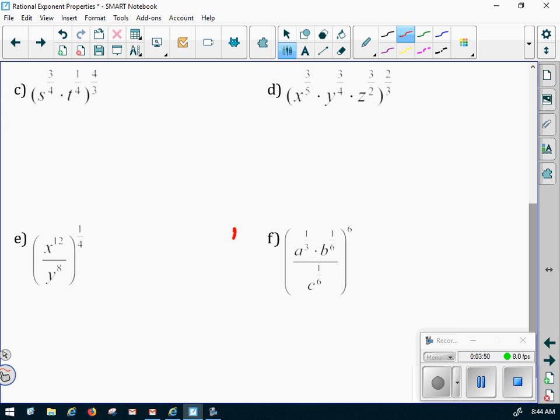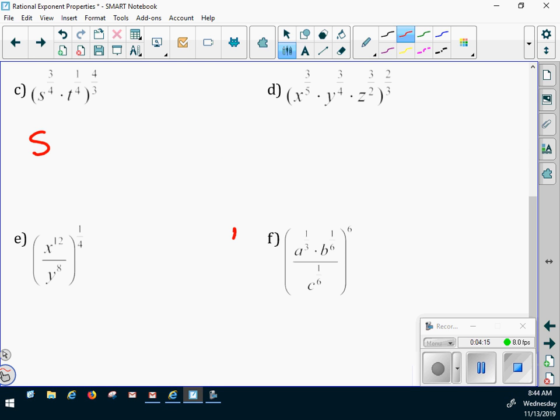C. S to the 3/4 times t to the 1/4 raised to the 4/3. Where are you getting 12/12? Because 3/4 times 4/3 is s to the 1st, which is s.